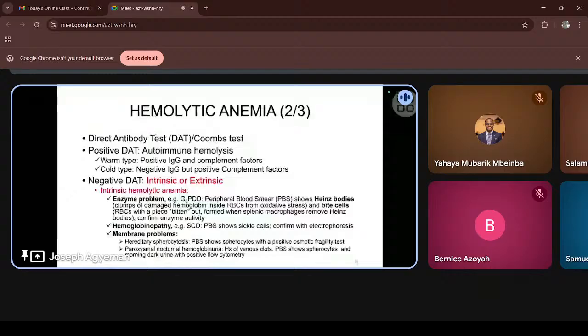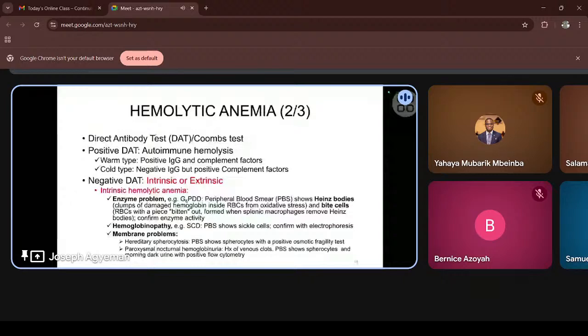The red cell will lose its flexibility and become rigid. A rigid crescent-shaped red cell with damaged hemoglobin is as useless as anything, and the cells of the reticuloendothelial system will deal with that, and therefore you are going to have excessive hemolysis.